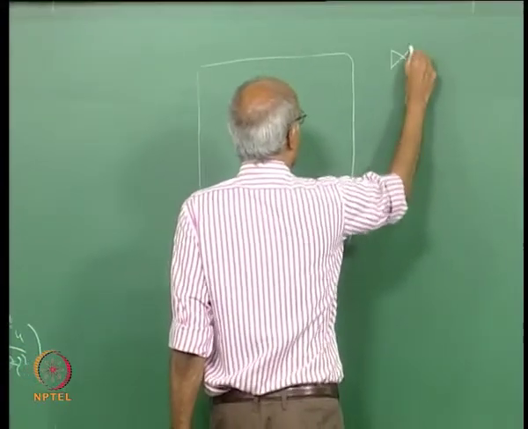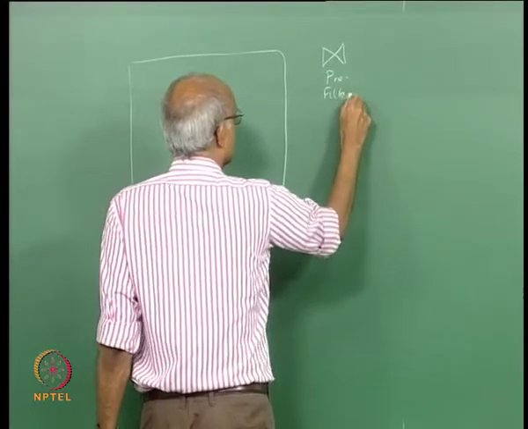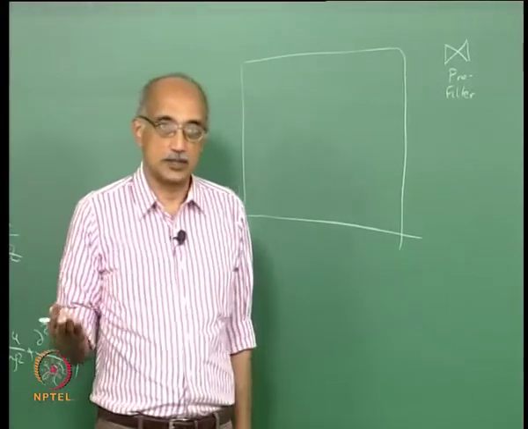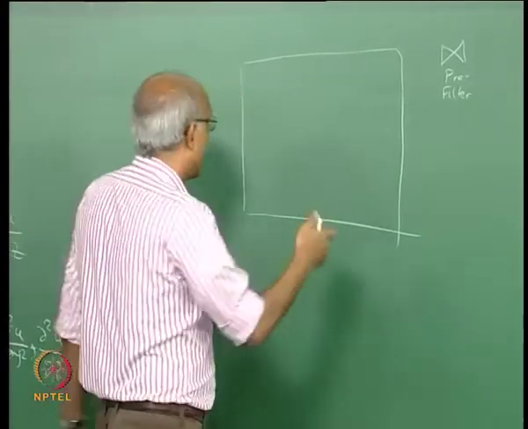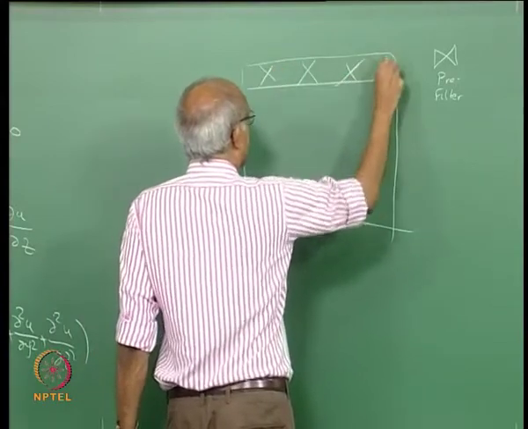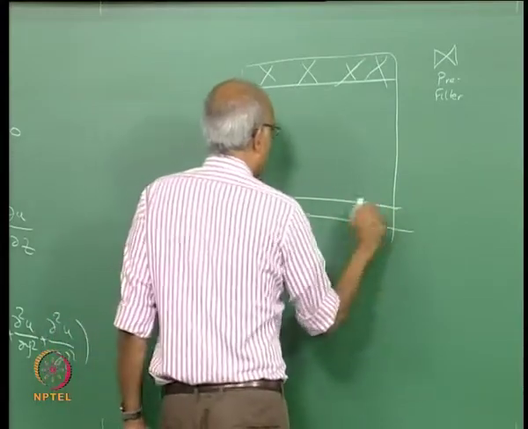Now, there is usually a pre-filter. As we discussed in the last class, the pre-filter is likely to be a fibrous filter, whereas the HEPA and ULPA filters here are likely to be membrane filters. And then you have the bottom.